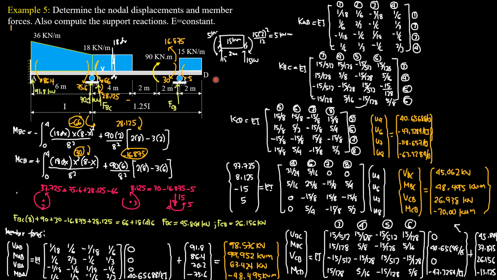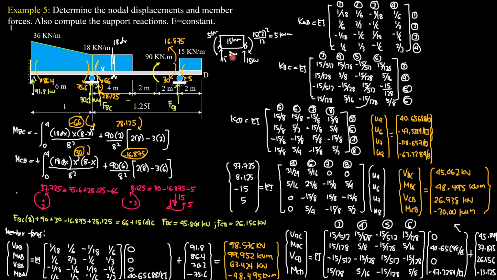Then finally, for portion CD, imagine that C is fixed, D is fixed. It is now this formula W15, 2 square over 12. 15 times 2 square over 12 is 5, which is this. So 5 counterclockwise here, 5 clockwise on the other side. Then the reaction WL over 2, because it is uniform and symmetric.